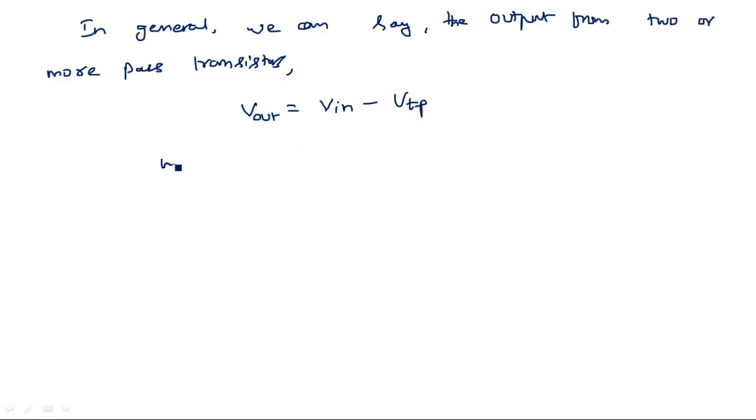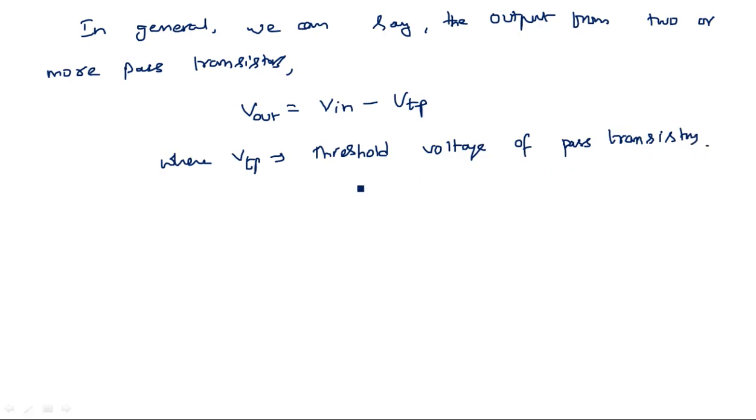What do you mean by VTP? VTP is nothing but the threshold voltage of all pass transistors. Okay, this is the story related to the pass transistor. Okay, thank you.